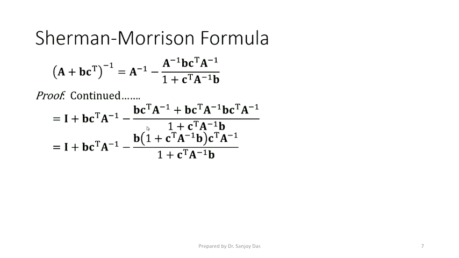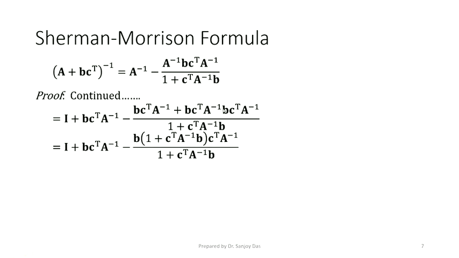Now, what I do is I see there's B on the left-hand side of both. I bring it to this side. And then I see C transpose A inverse is on the right-hand side. You know, in a matrix product, the order of the individual matrices or vectors has to be preserved, right?